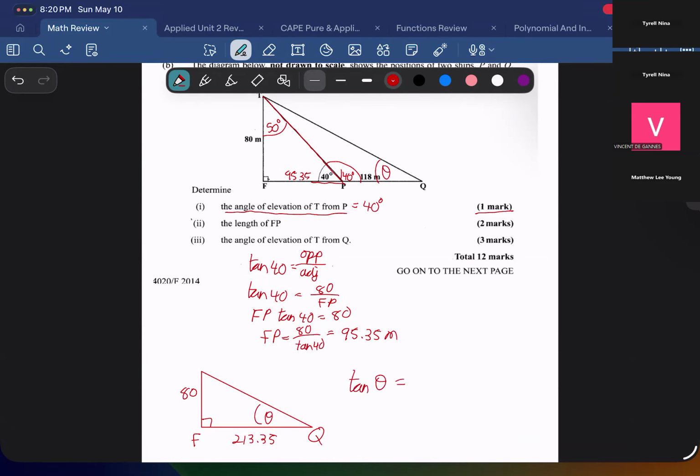Tan theta is opposite over adjacent, so tan theta is 80 over 213.35. So theta is tan inverse of 80 over 213.35, which is 20.6 degrees. And that's how you approach a question like that.